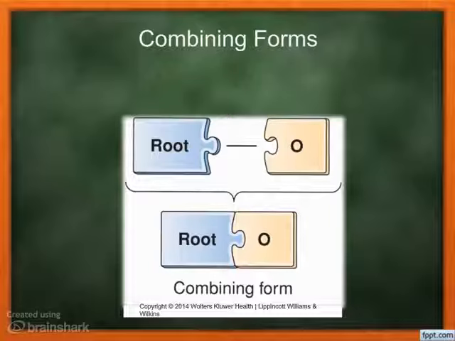So now we're going to talk about how we start to form or combine words together. So the root, you can see here in this diagram or puzzle, you put the O, or a vowel, in between the root and the suffix, and now you begin to form the next word.